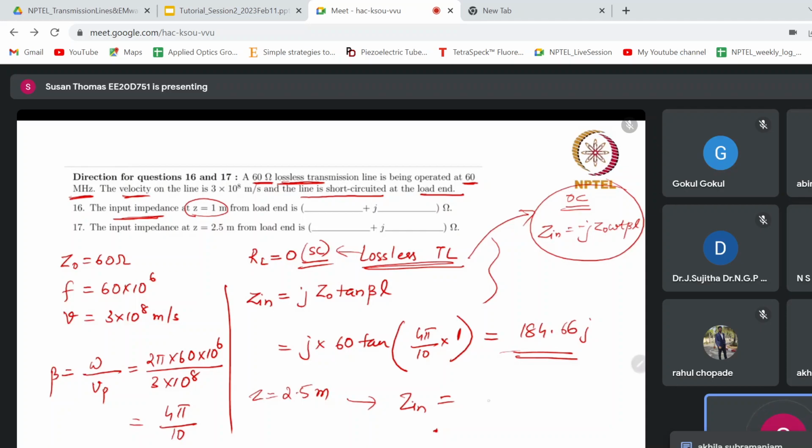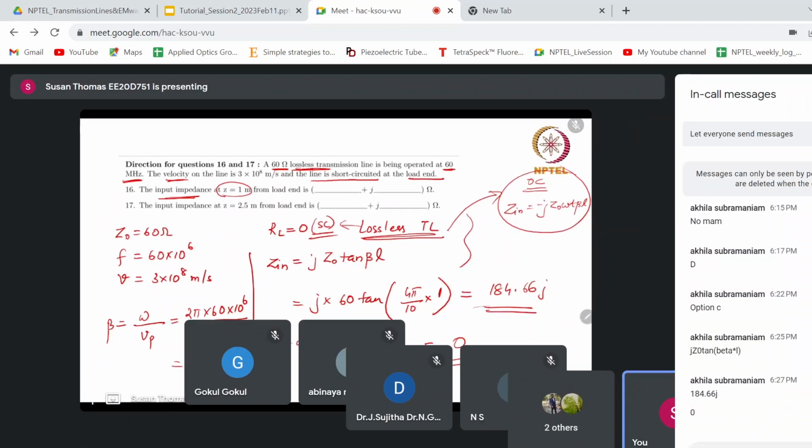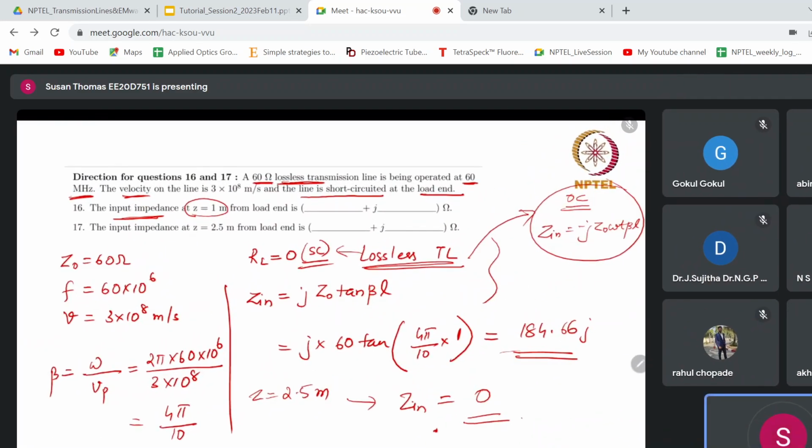Yes, that is 0. I hope this was an easy question. Can we move to the next?